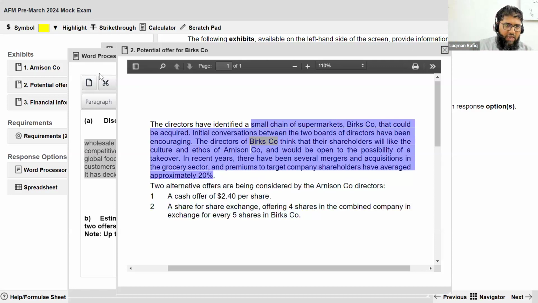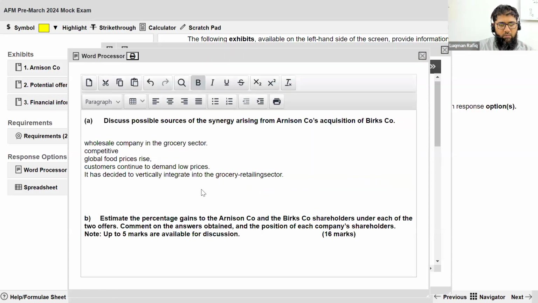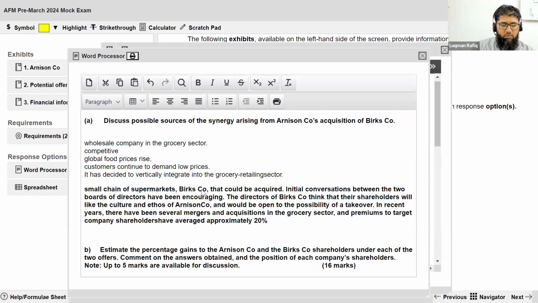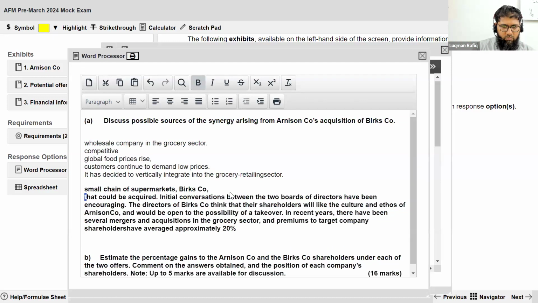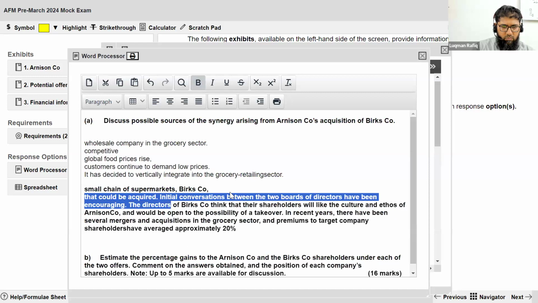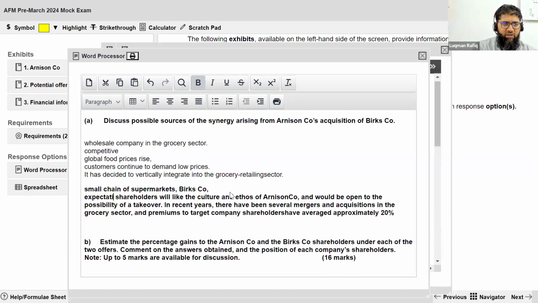I would pick up the key information here. A small chain of supermarkets. Expectation that shareholders will like the culture and ethos of Arnison company.